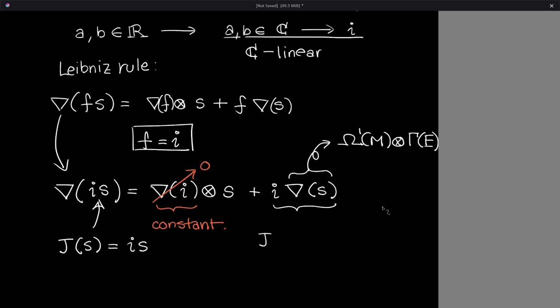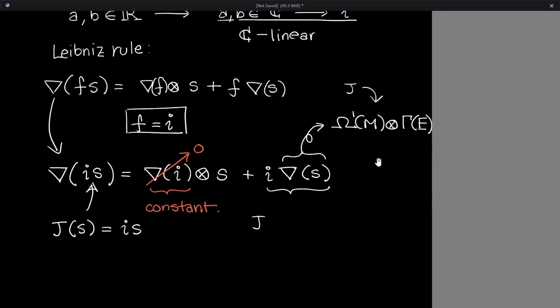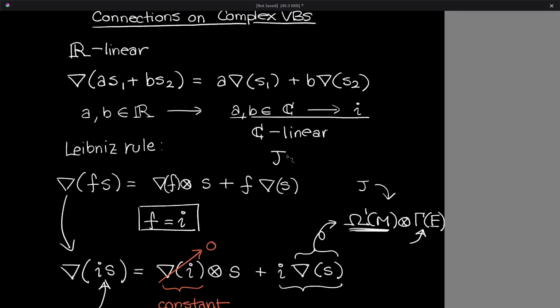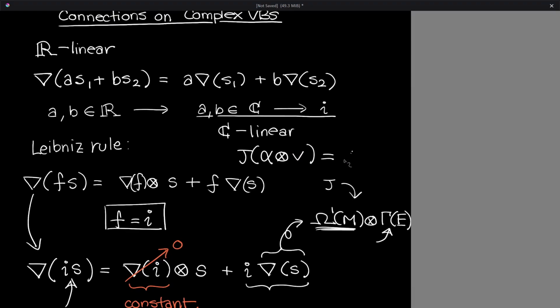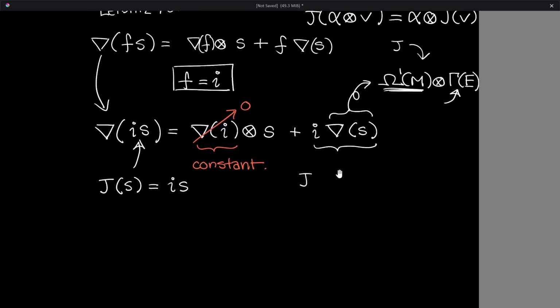So we have to extend J to take something like this, and all we have to do is make sure that J passes through this first thing and just applies itself onto the section. So if we had J of alpha tensor V, then that would have to equal alpha tensor J of V. If we extend it this way, then it's well defined, and therefore we can say that this is J of nabla of s.